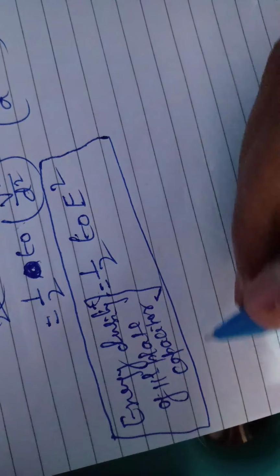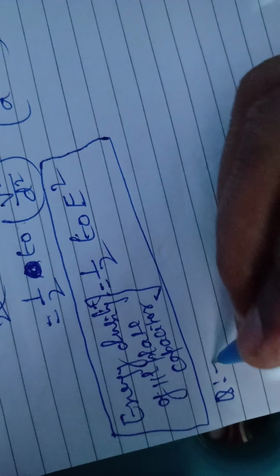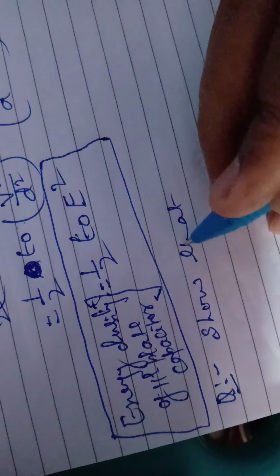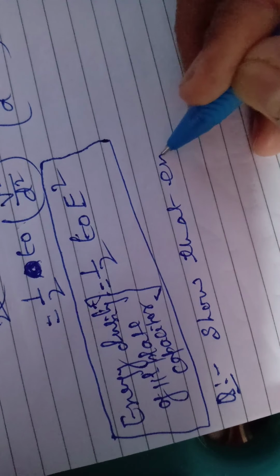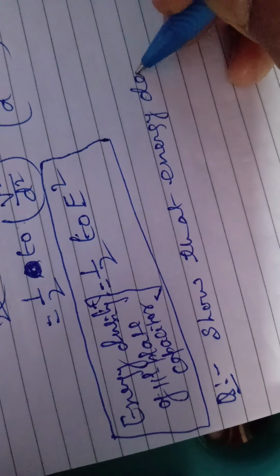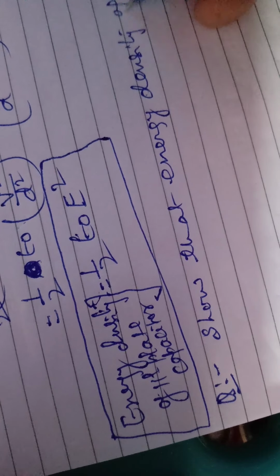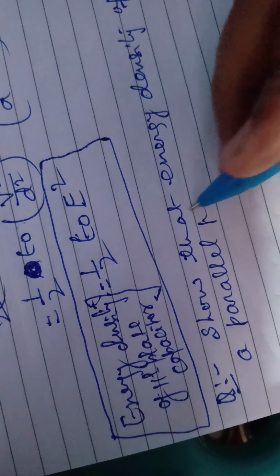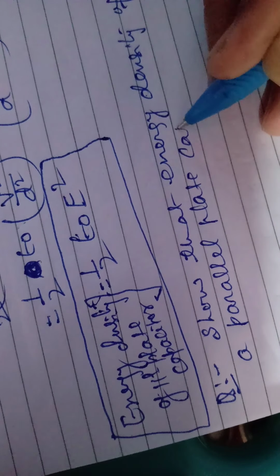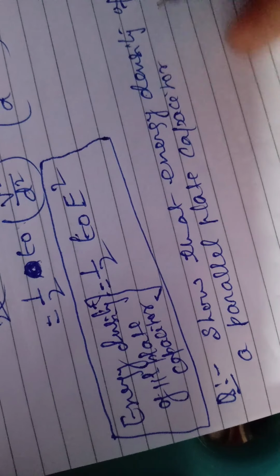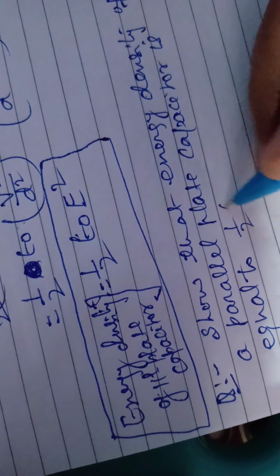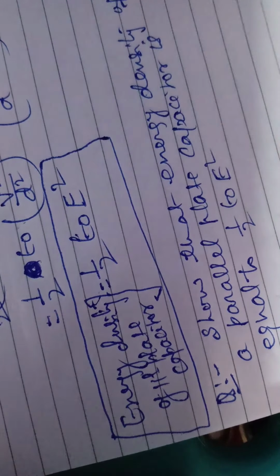The question may be asked like this: show that the energy density of a parallel plate capacitor is equal to half epsilon naught E square.